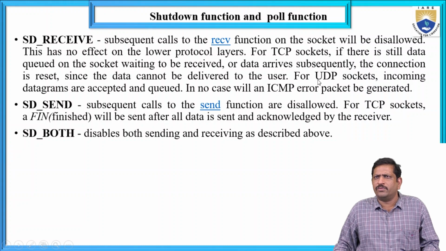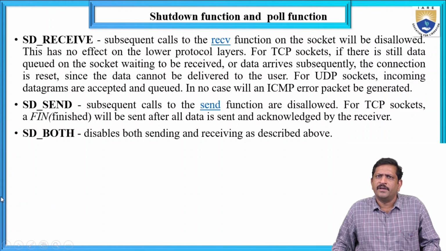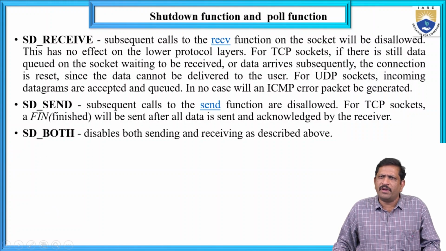For example, with User Datagram Protocol (UDP) sockets, incoming datagrams are accepted and queued. In no case will an ICMP error packet be generated. SD_SEND disallows subsequent calls to the send function.